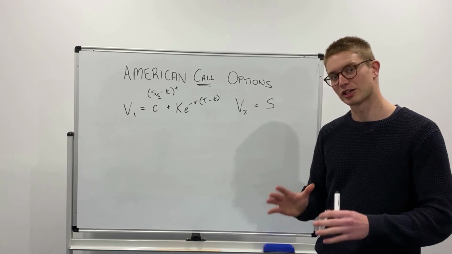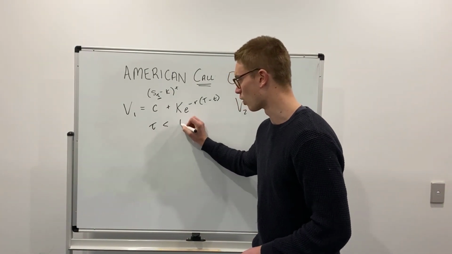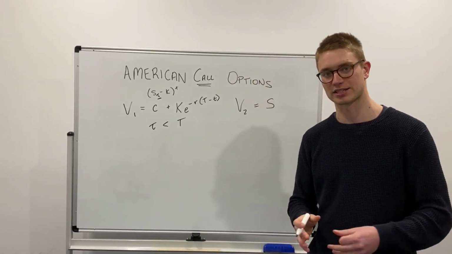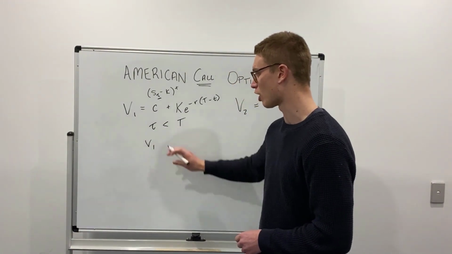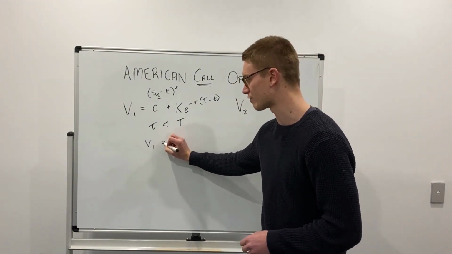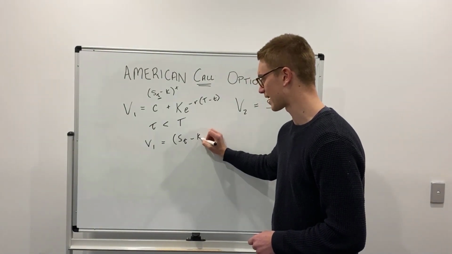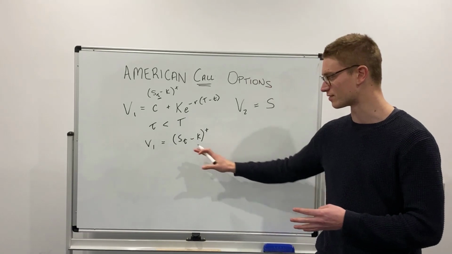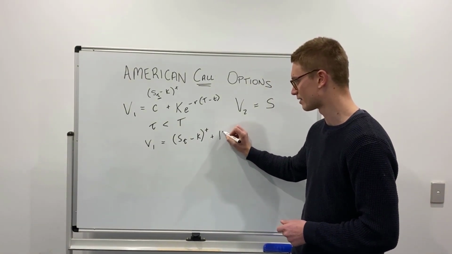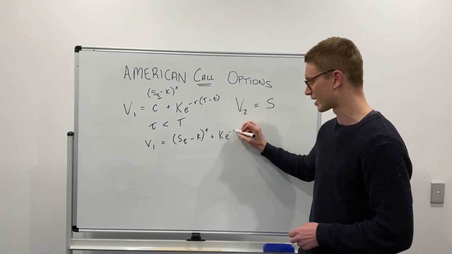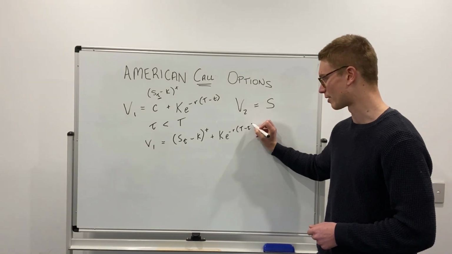Let's consider two different scenarios: one where we exercise this option before the final time, and one where we exercise it at time T. Let's consider what portfolio one holds at this time. Here we'll have the call price, so we'll have S tau minus K, the max of 0 or this value, and we'll also have the money invested in the bank account, which will be the discounted price of that strike K over T minus tau.